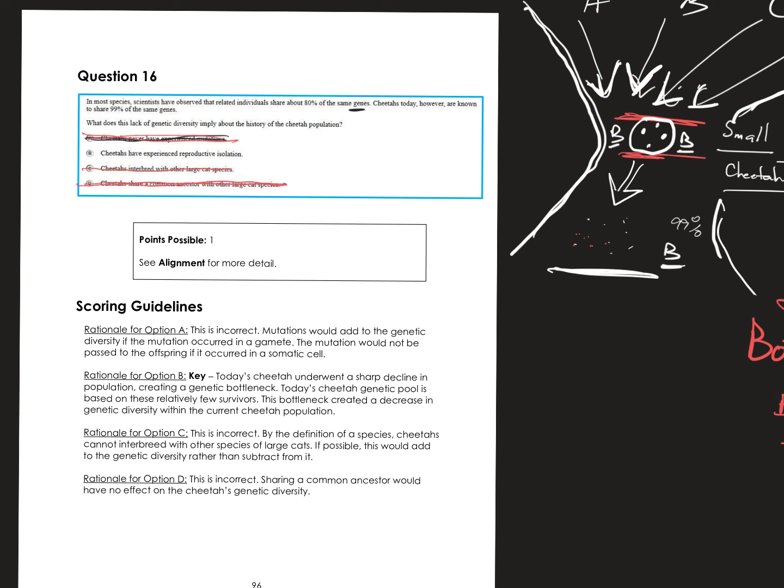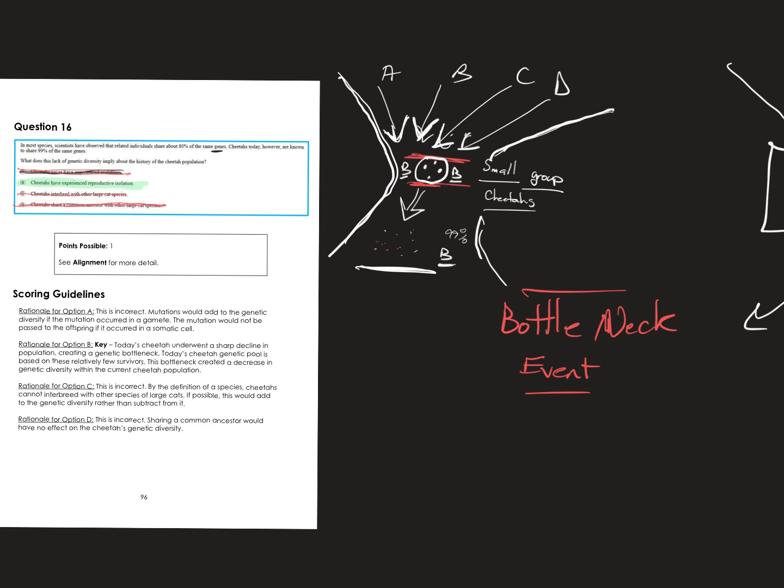So they've experienced some kind of reproductive isolation, some kind of event that didn't allow access to the other types of cheetahs, other types of large cats. And so because of that, you only have a small group, in this case I'm saying B's, that are the only ones that founded this population of genes. This bottleneck event occurred.